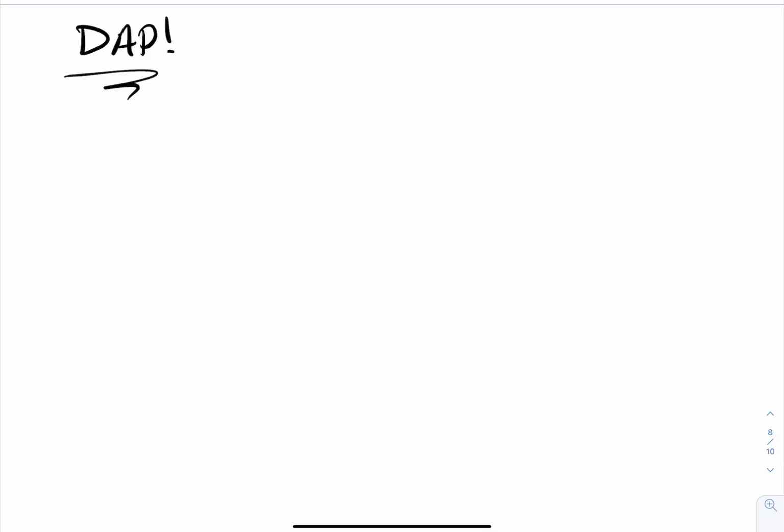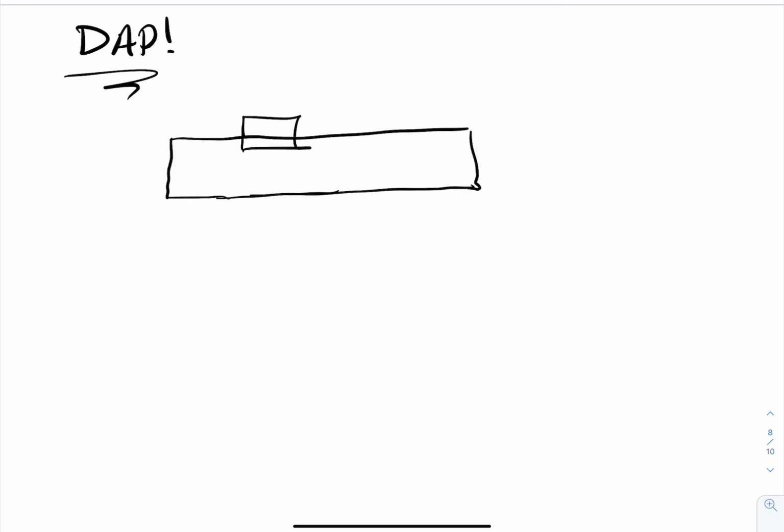But what I need you to imagine is that we have a table. And on that table sits a pot holder. And on that pot holder will be sitting a pot. So on that pot holder, we will draw a pot.